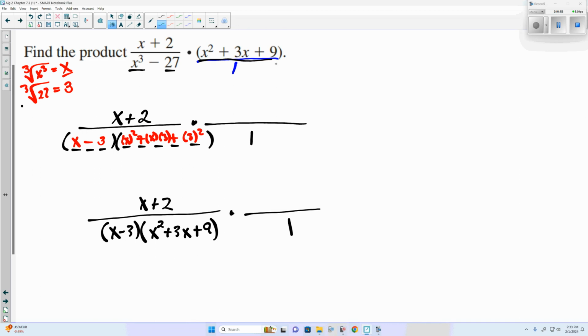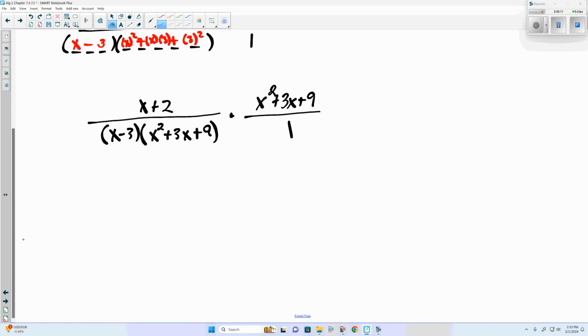That's also what we have here, so there's no reason to try to factor this if it's already being shared on top and bottom. Because if it's shared on top and bottom, they will cancel out. So we don't have to factor that, since it does match up with the denominator.